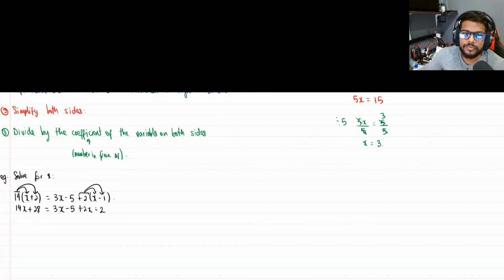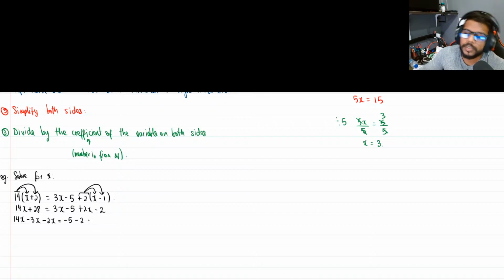Now, I can rearrange. Well, I have 14x, I'm moving the 3x, it becomes minus 3x, I'm moving the 2x, it becomes minus 2x, is equal to minus 5, I move minus 2, I move, and I'm moving the 28, bringing it across on the right hand side.